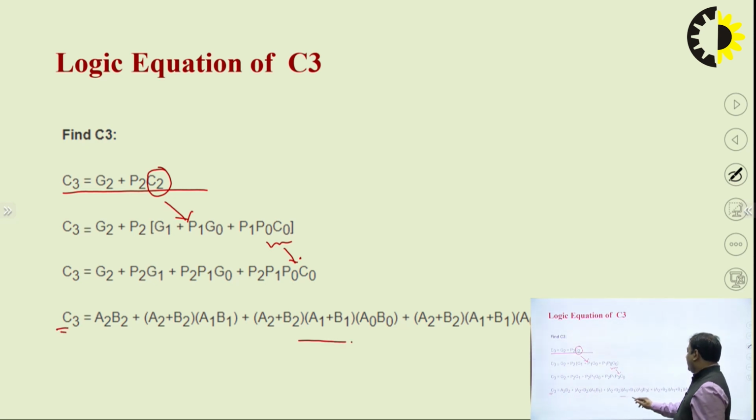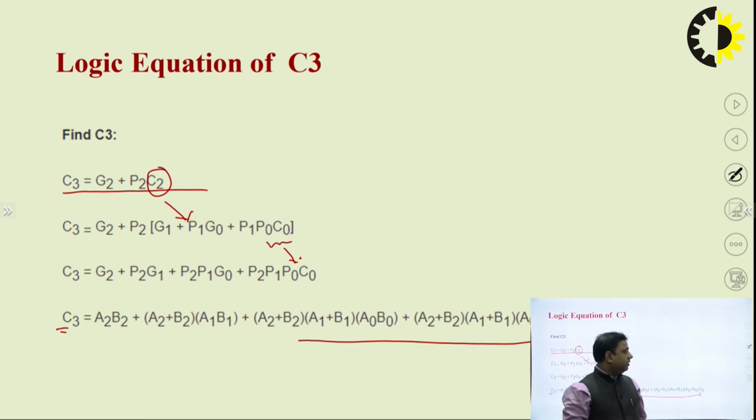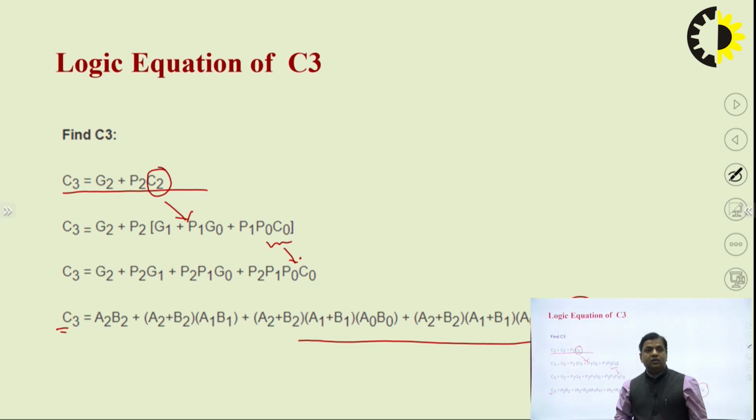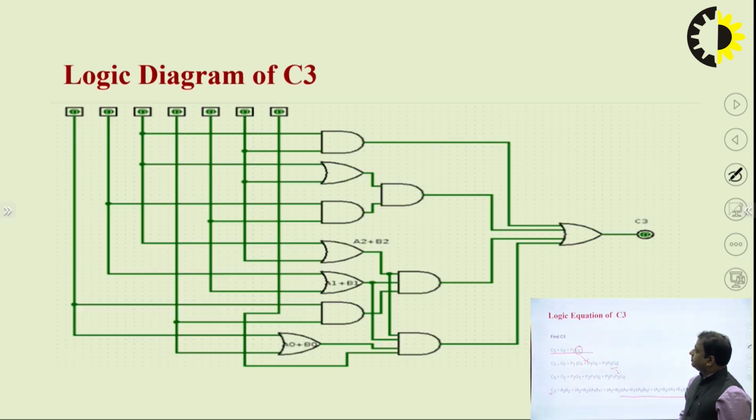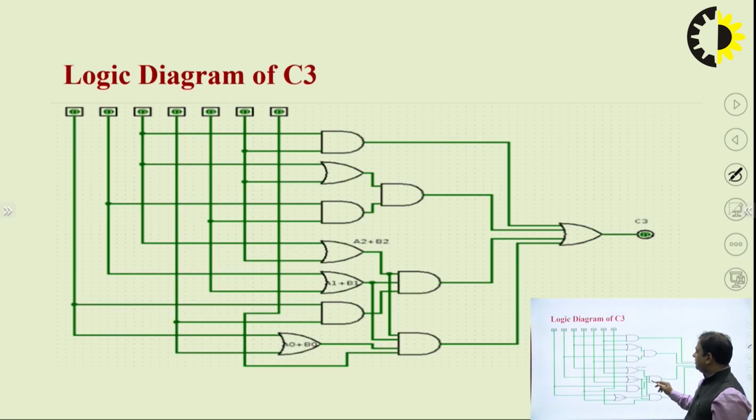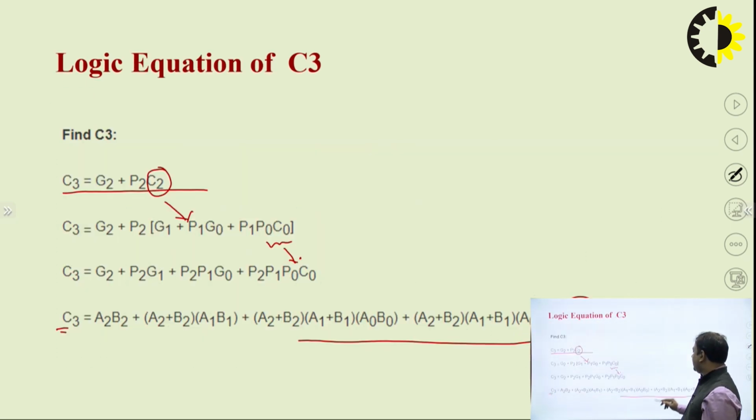We find again a long equation, but C3 is dependent only on C0. This is the importance of the carry look ahead adder. That's why I am saying this is a look ahead adder, that it can look ahead the carry. Similarly, this is the logic diagram for the C3, which we can derive with the help of this equation.